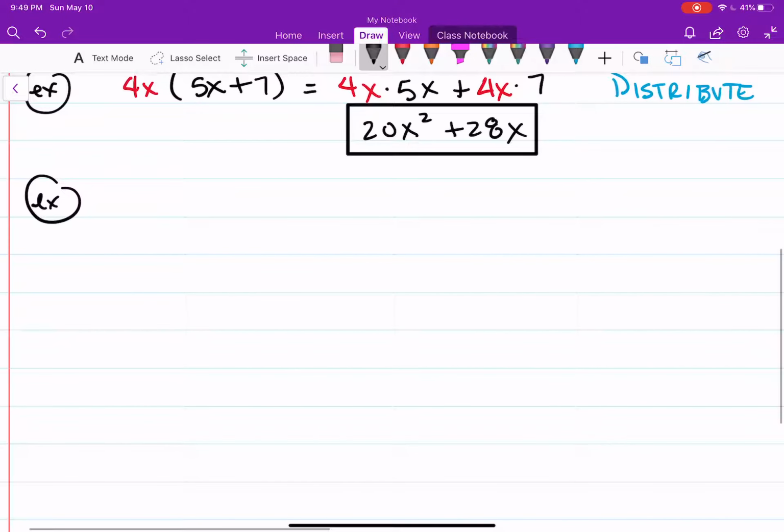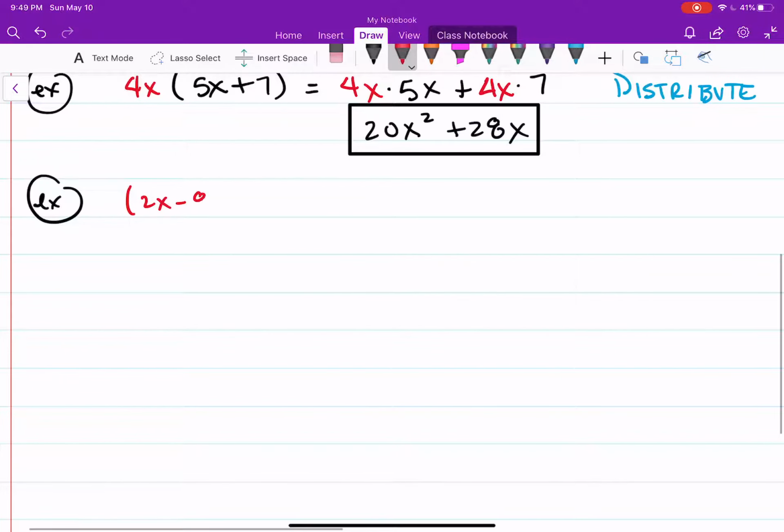So if I have a binomial times a trinomial, I know that this should give me 6 terms.